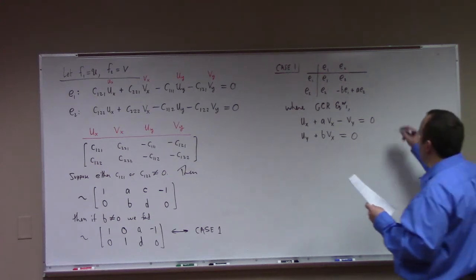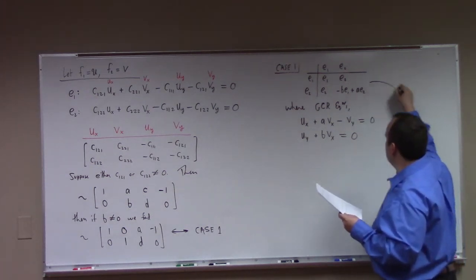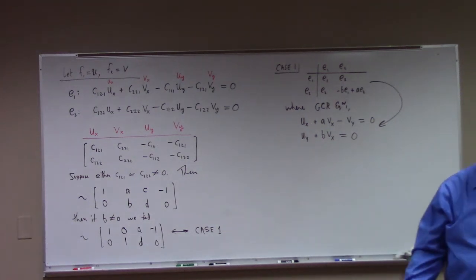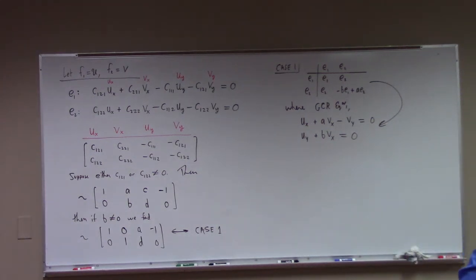I mean, he claims that this multiplication gives you these Cauchy-Riemann equations, right? That's the claim.